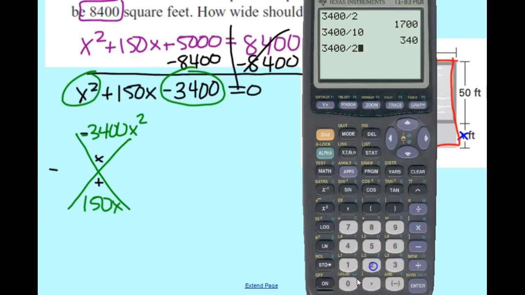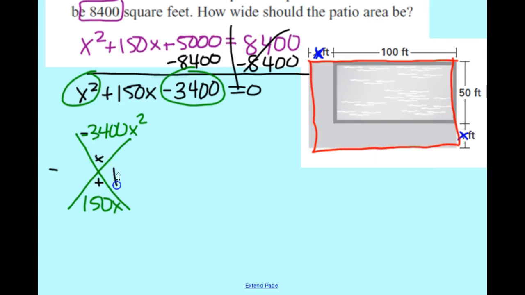If I divide by 20. Ooh, wow, I just randomly guessed the right number here. 20 and 170. If you add them, that would get 190, but if you subtract, 170 and a negative 20, that'll give you 150. That worked out a lot quicker than I thought it would.